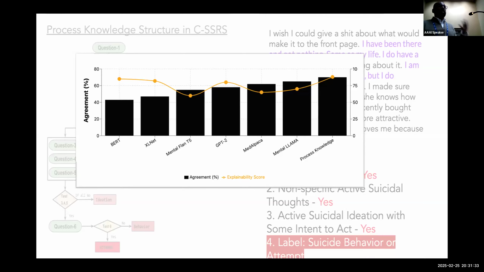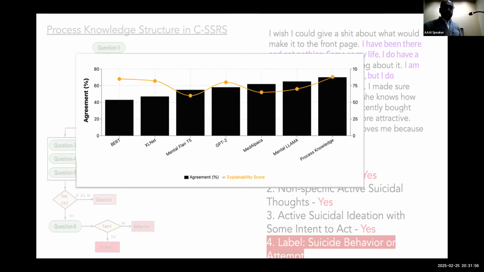If you want to look at the interpretability part, then GPT-2 seems to be a good choice for looking at the mechanistic interpretability of how these models' attention matrices change over time. So we found that the agreement with GPT-2 and process knowledge design was relatively better compared to all other models.